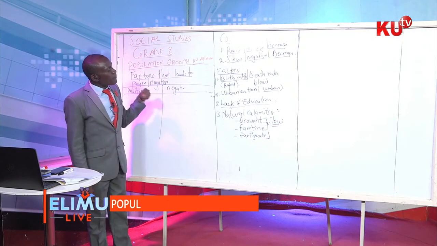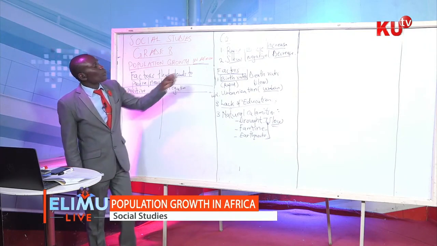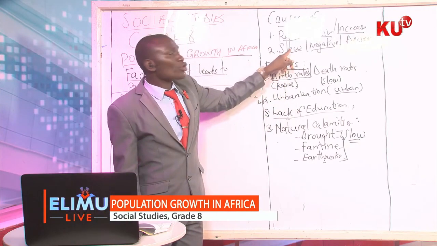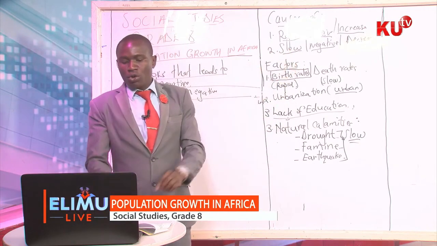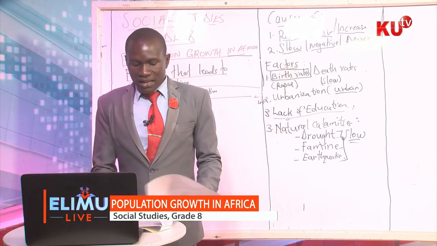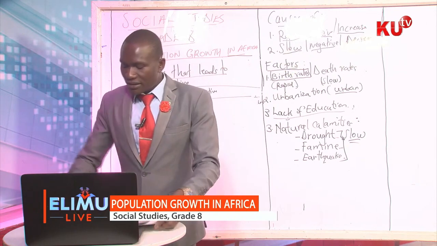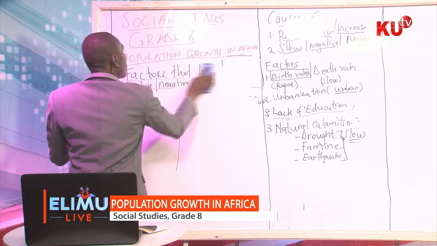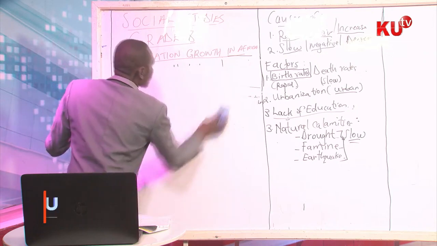There are some problems that will lead to rapid population growth, and some problems that will lead to slow population growth. So that takes us to another thing, problems that result from rapid and slow population growth.